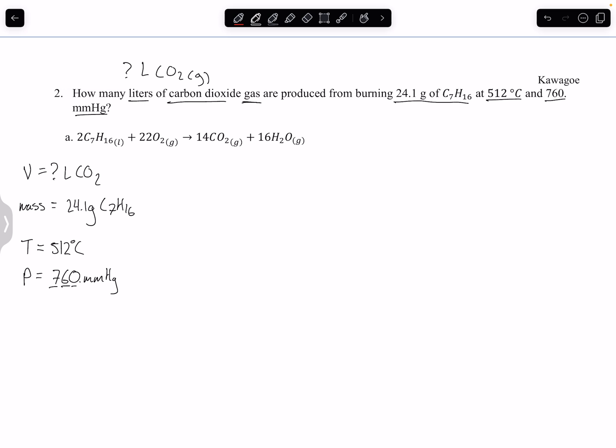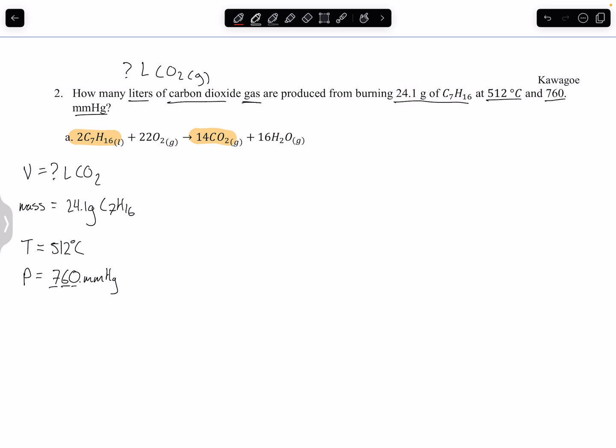All right, so that's all the information aside from the balanced chemical equation that we have. Again, we can tell that this is a stoichiometry problem because it's telling us liters of carbon dioxide gas, and we're producing that gas from burning this other compound. C7H16, and we want to know CO2, that's 2 different compounds.